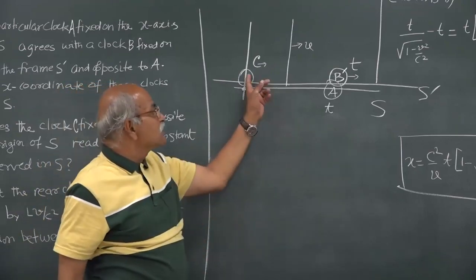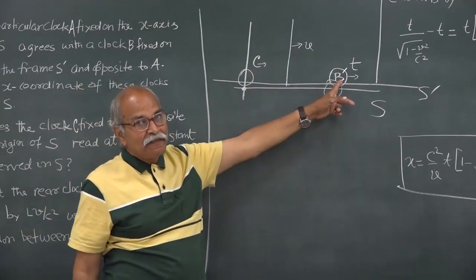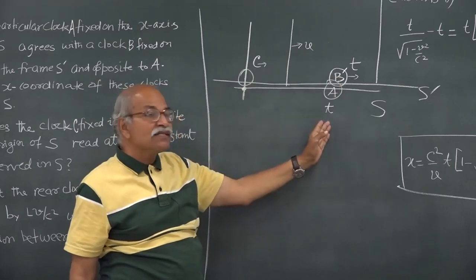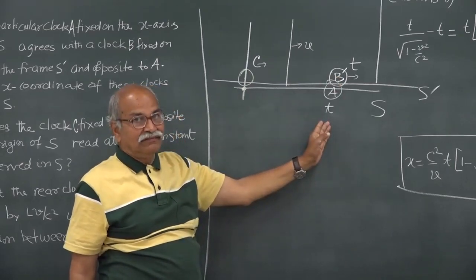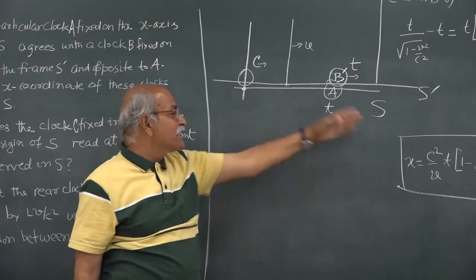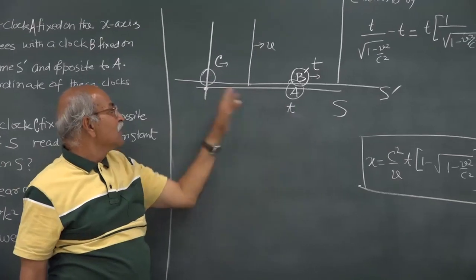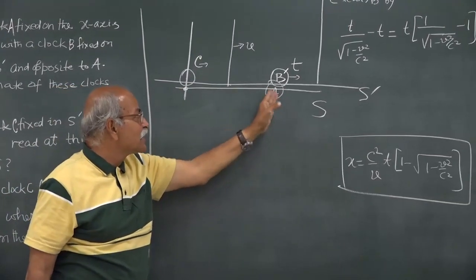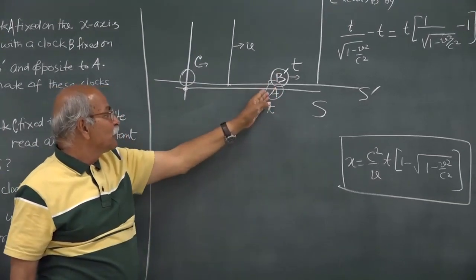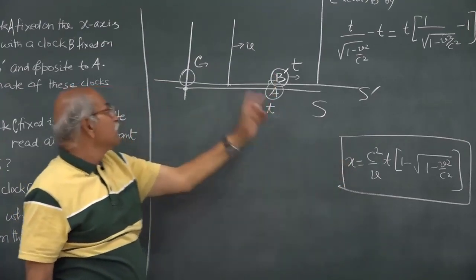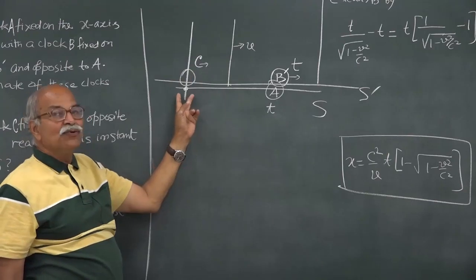How much is the rest separation? What is the separation between C and B as seen from S? That separation is just this x, because at time t, at position x, this clock agrees with this. So, this B clock is at this coordinate and this C clock is at the origin.